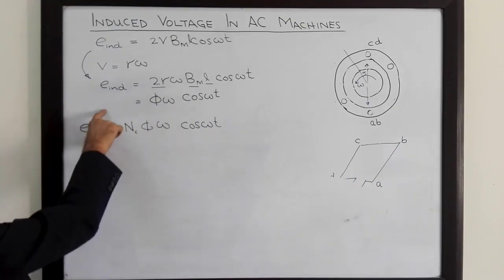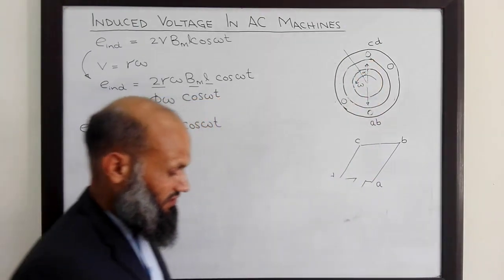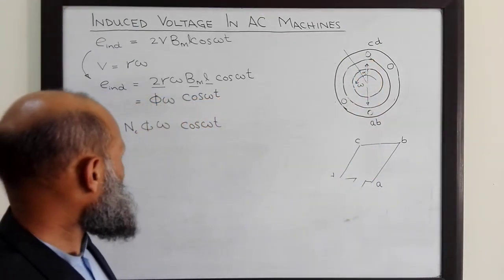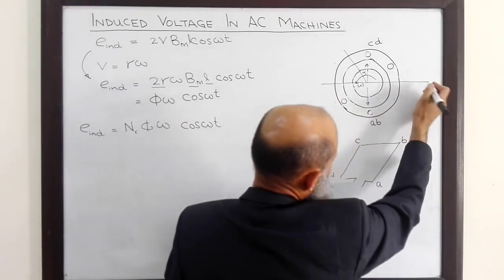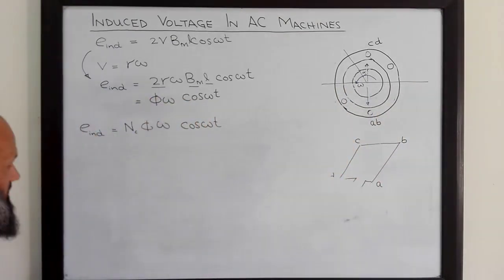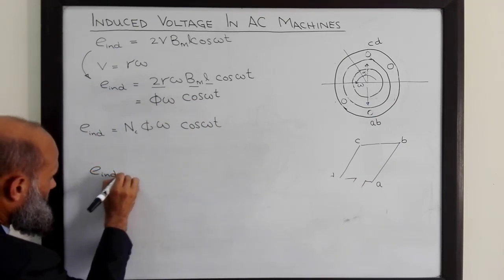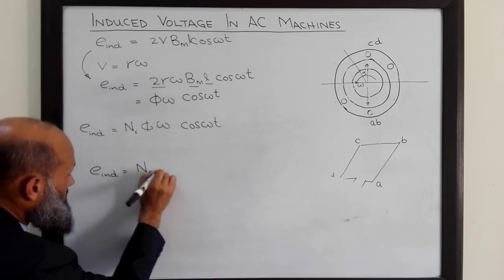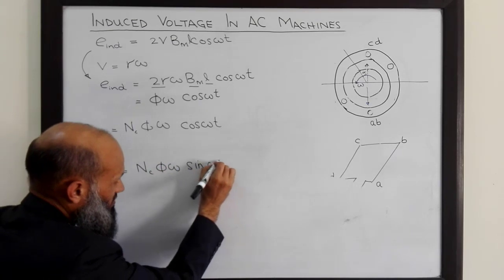In this derivation, we have assumed this angle as angle 0. However, if we take this angle as the 0 angle, then instead of this cosine, we shall get a sine wave, NC phi omega sine omega t.